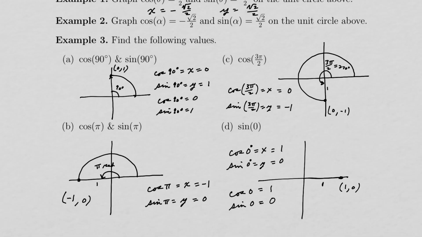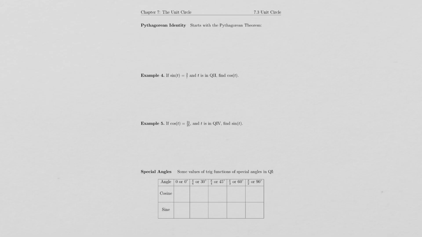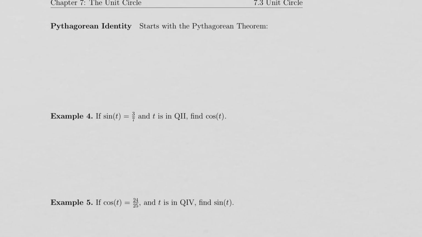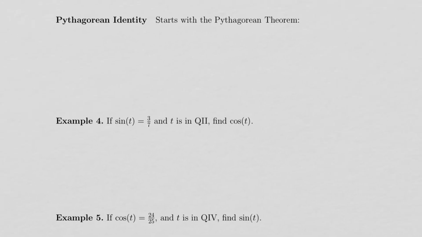All right. Let's talk now about something called the Pythagorean identity, which is related to the Pythagorean theorem, but involving trig functions. Just to remind you, remember the Pythagorean theorem.